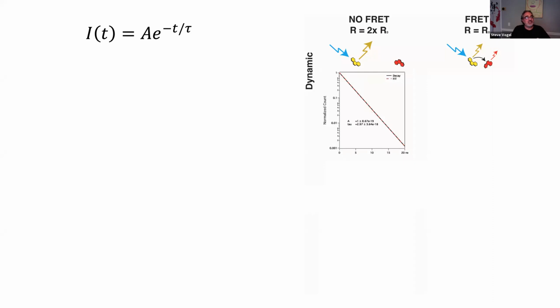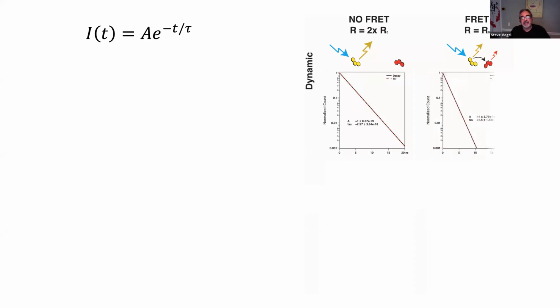So in this case, in the Monte Carlo simulation, I set it up to be a 3 nanosecond decay. And when I set the distance to be 2 times R0, we see a nice single exponential decay, and we can fit it. And the fit gives us 2.97. So that's essentially saying that it's almost no FRET, just a little bit, right, at that distance.